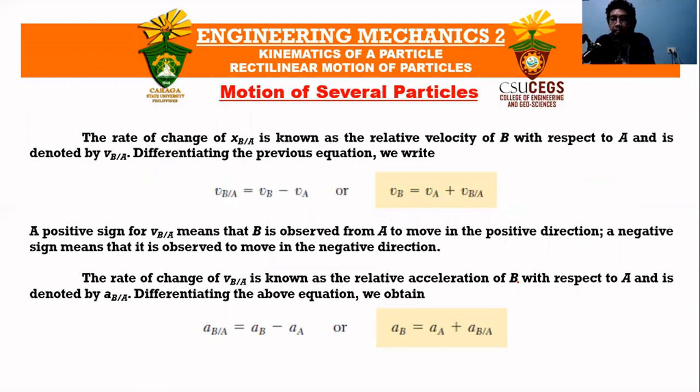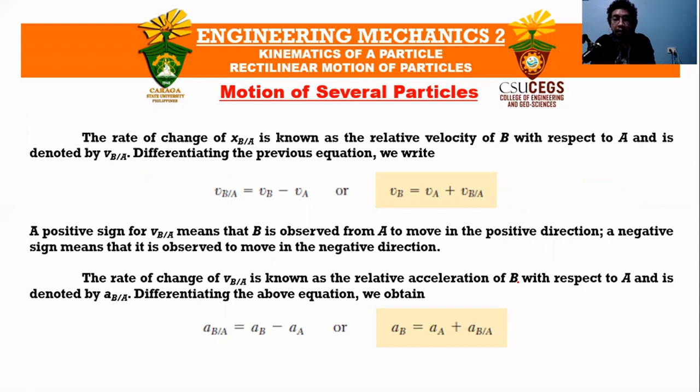So from the position, we consider also the rate of change of the relative position of B with respect to A, and it is known as the relative velocity of B with respect to A and is denoted by vB/A.